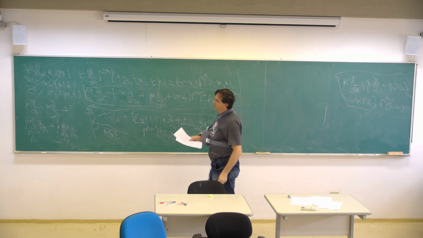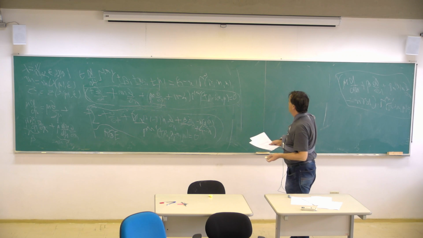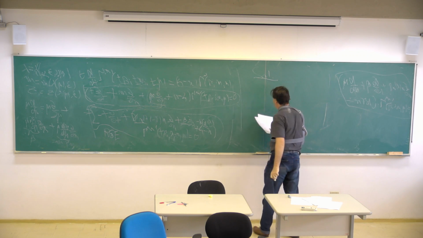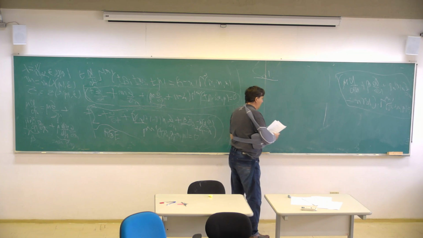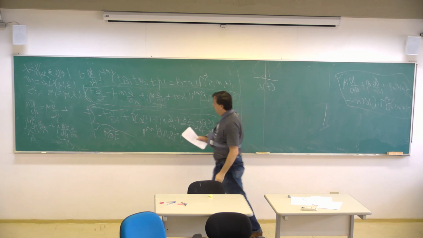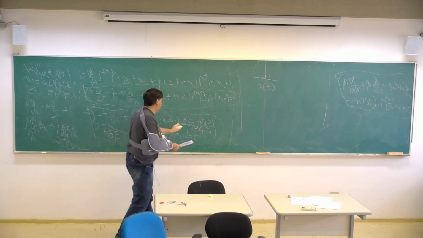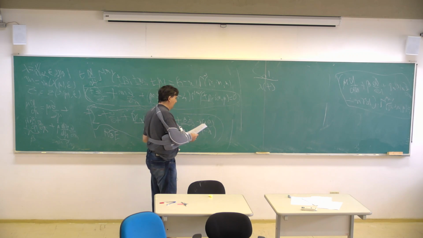All right, so now that I found this equation, let's find a solution. So remember there's the dependence on lambda and the dependence on t, right?